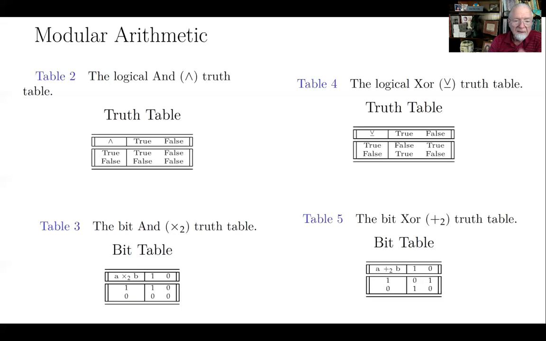So they're isomorphic. They're the same, the bits are equivalent to the truth table.